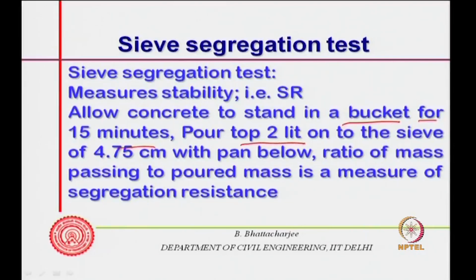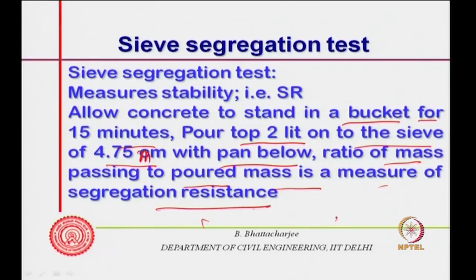The dimensions of this system are fixed. Pour the top 2 liters on the sieve of 4.75 millimeter, it can't be centimeter, 4.75 millimeter, sand size, that was a mistake. With a pan below, the ratio of the mass passing to the poured mass is a measure of segregation resistance.